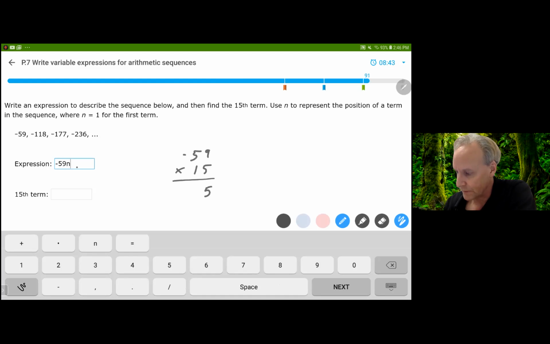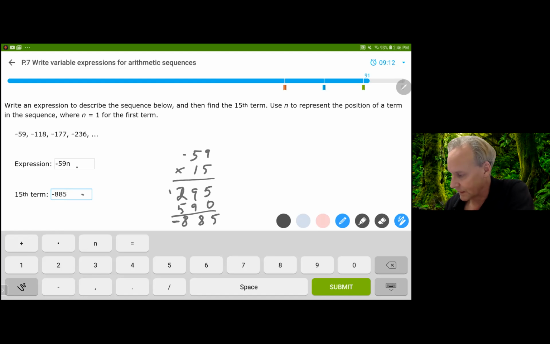And that's 5, and 4 makes 29, and 0 and 59 makes 8 and 1. 885, huh? But it's going to be negative. Because they want the 15th term, we have to multiply it by -59 in order to get it. 59 times 15. I think that's right. No, I think I got it.